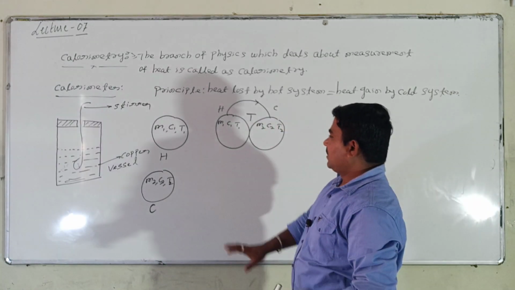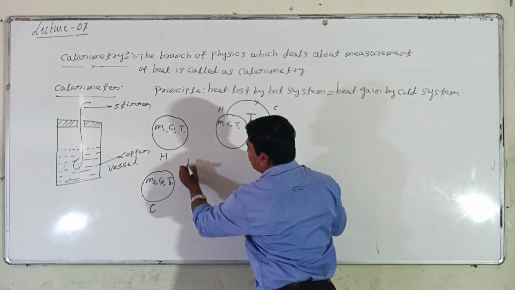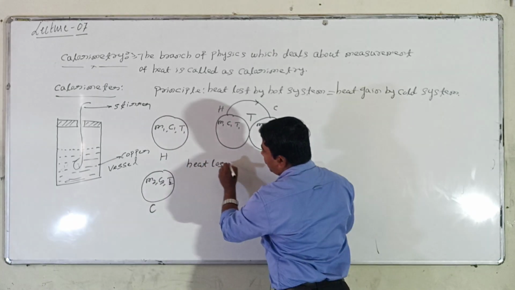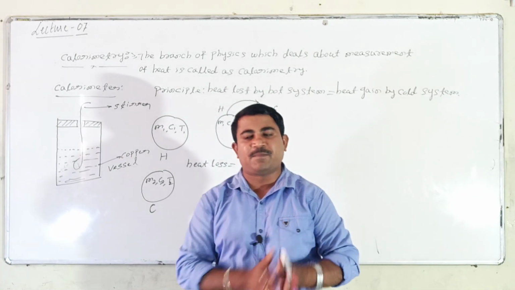See here, the heat loss by the hot system, how much? We know the heat is equal to mass times specific heat capacity times change in temperature.